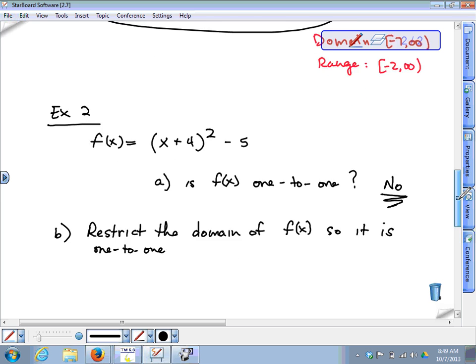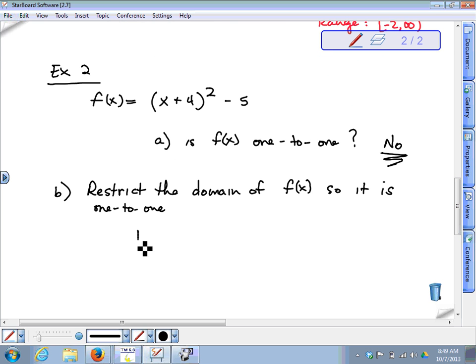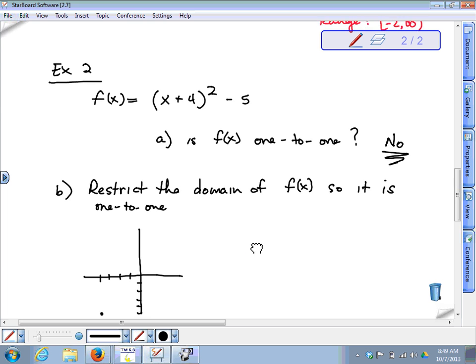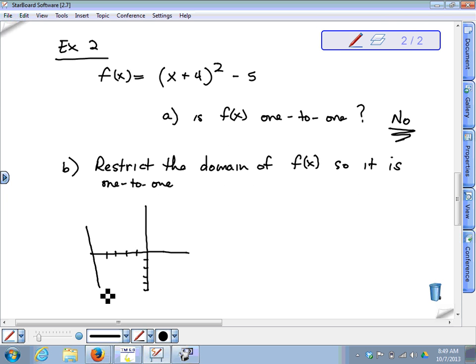Okay? Now, let's consider a quick sketch of this graph, this parabola. What does the plus 4 inside do to the graph? Moves it to the left. The minus 5 moves it down 5. So there's the vertex of the parabola. So just a quick sketch of that graph looks something like that.